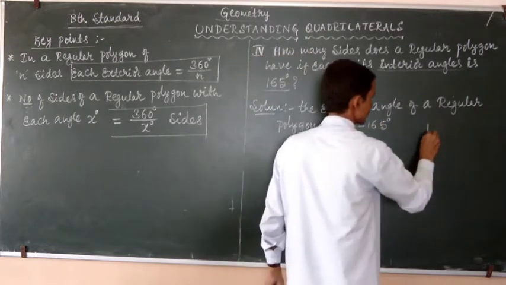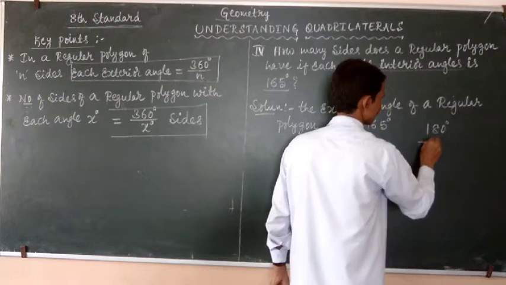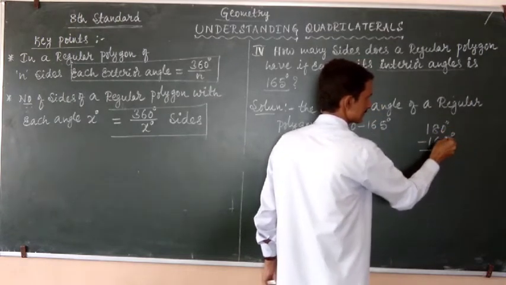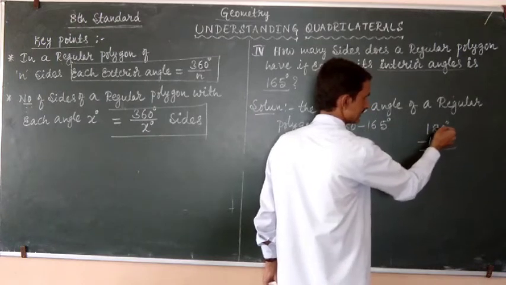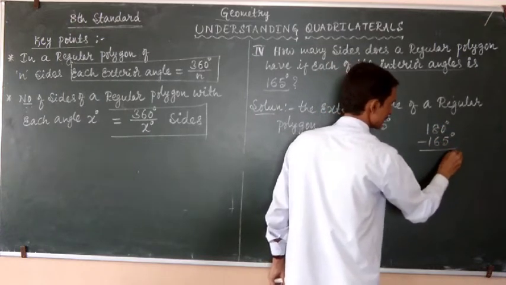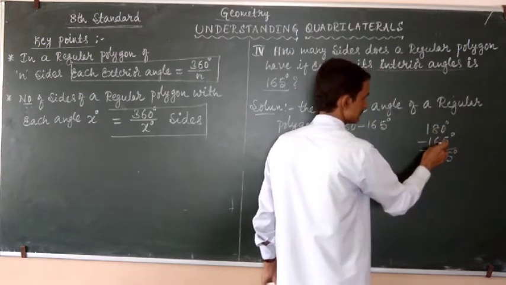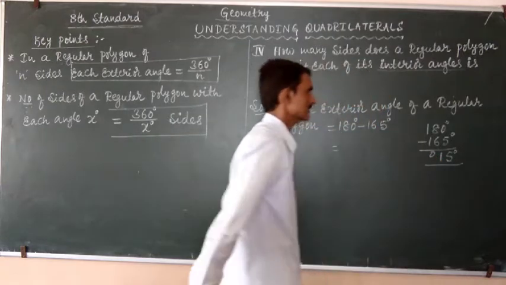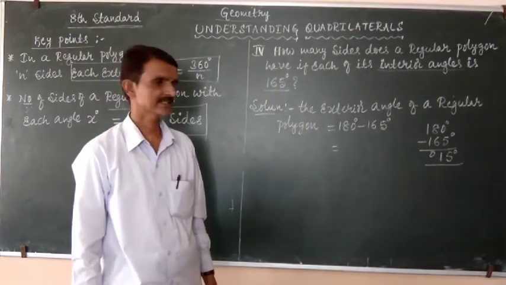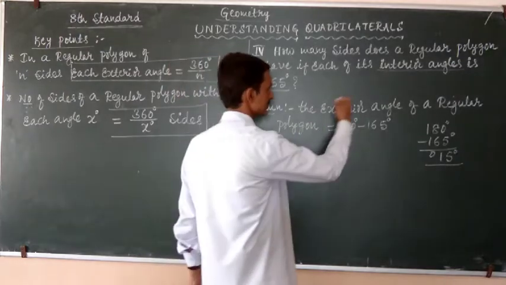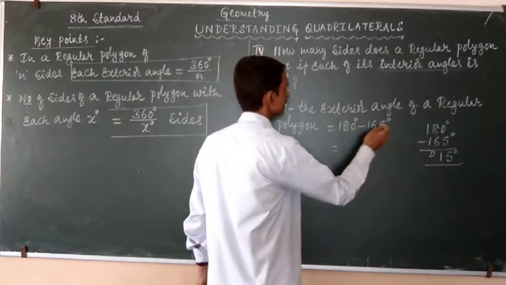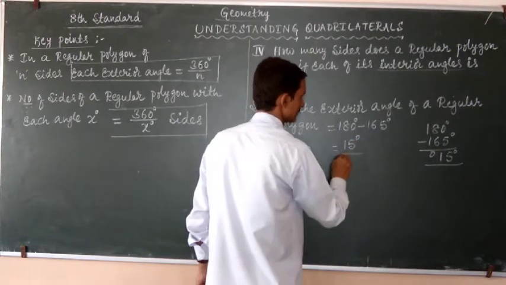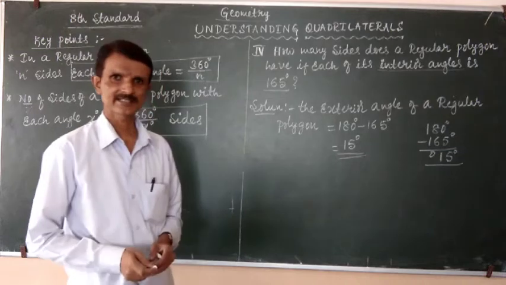Students, subtract this. 180 minus 165 degrees: 10 minus 5 is 5, 7 minus 6 is 1, and here it is 0. It will be 15 degrees. The exterior angle of the given regular polygon is 15 degrees.